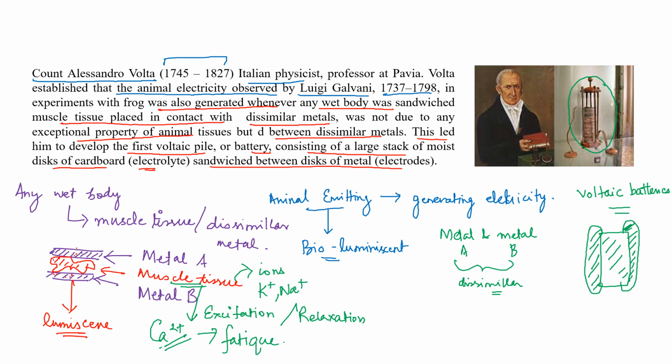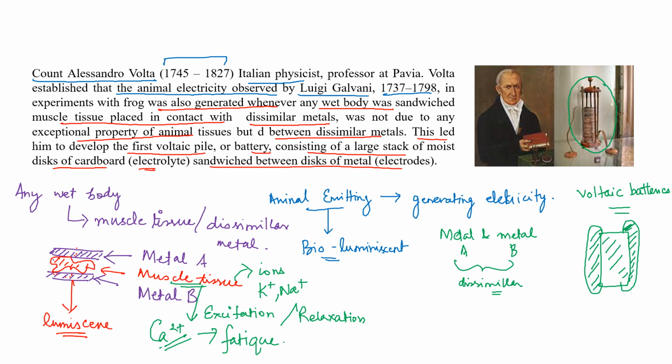So this is how muscle tissue works, and this knowledge was with Sir Count Alessandro Volta, and he used the knowledge that muscle is equivalent to an electrolyte. He generated an electrolyte, kept it in between metal A and metal B, and made a voltaic pile. And he made a milestone discovery in our race of getting and storing electricity. He made a very big discovery.